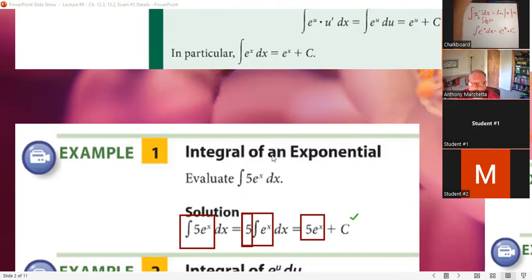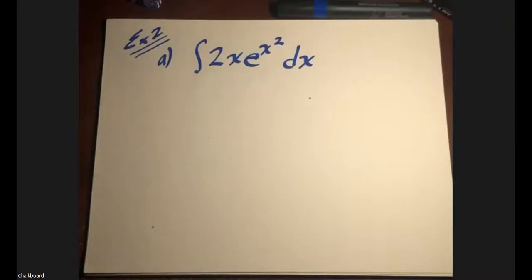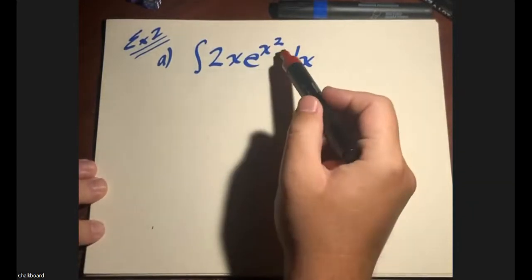All right. So that being said, the rest of these are all straightforward examples that involve e to the x and the natural log, and they also involve a u substitution. Let's work on those on the chalkboard. So the first one, it may be a little intimidating to see that there's an exponent with an exponent.